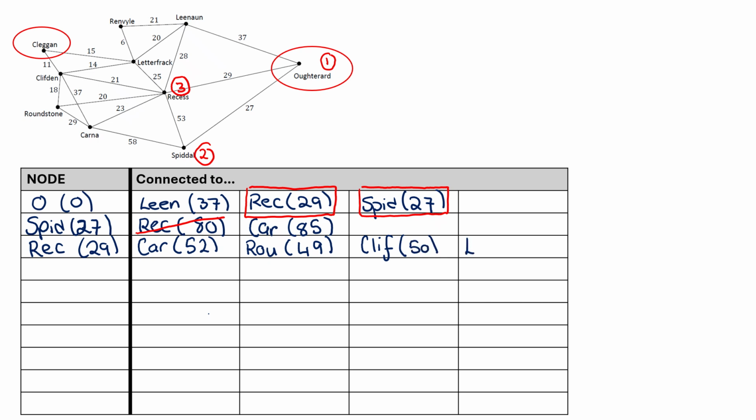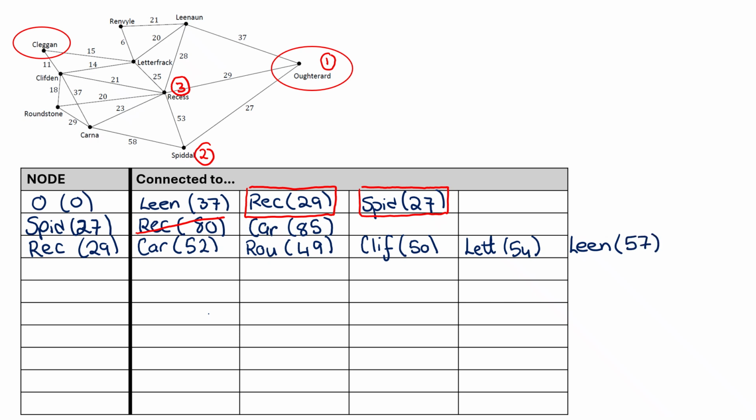It connects to letter Frank, which is an extra 25. That brings us to 54. And then actually I don't even have enough space. Then we have this one here, which is 28 plus our 29, and that's going to give us 57.